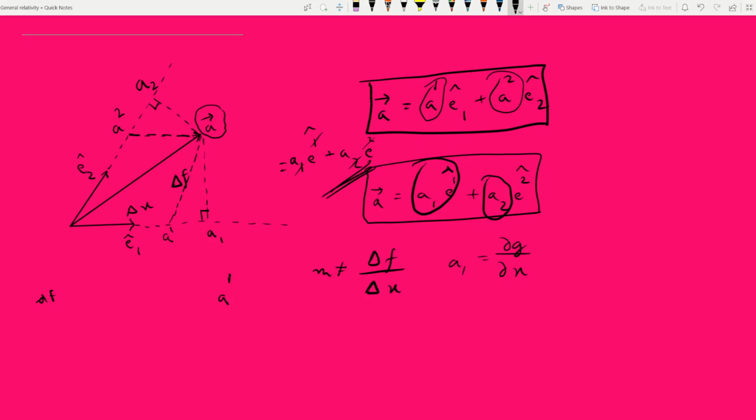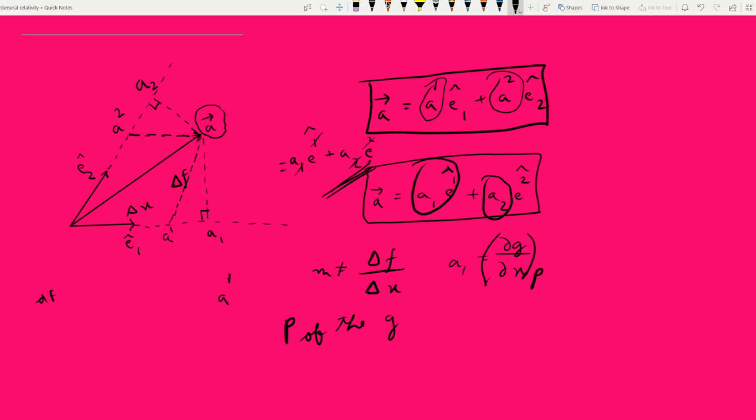What we are saying is that this A vector is the gradient at a point P of the function g. Now A1 should be del g by del x evaluated at a point P, right?